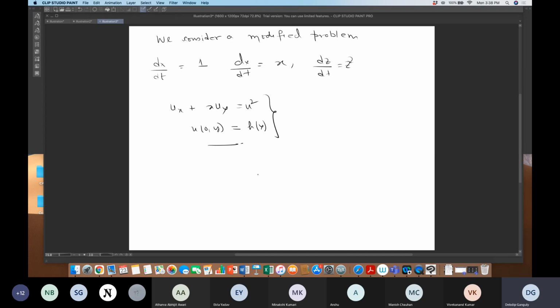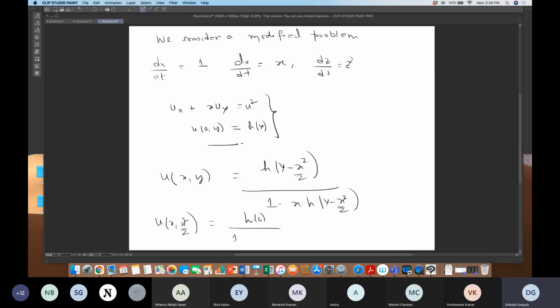And you know how to solve this, and we get that u of x y will be h of y minus x square by 2, divided by 1 minus x h of y minus x square by 2. And we see that when y equal to x square by 2, we have u of x, x square by 2, which has to satisfy h0 by 1 minus x h0. Yes or no?